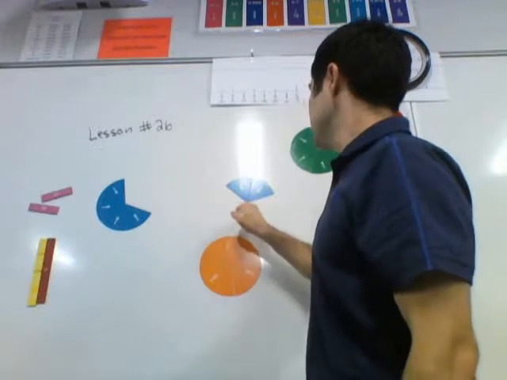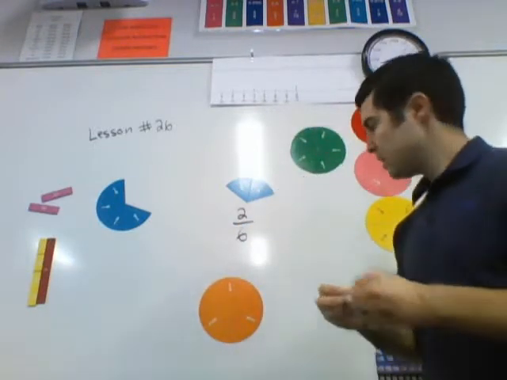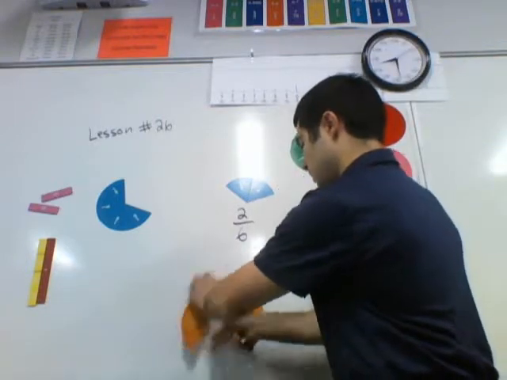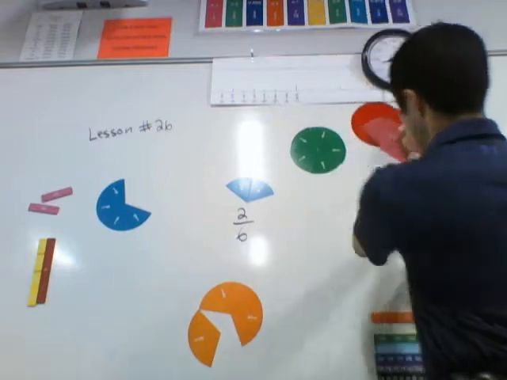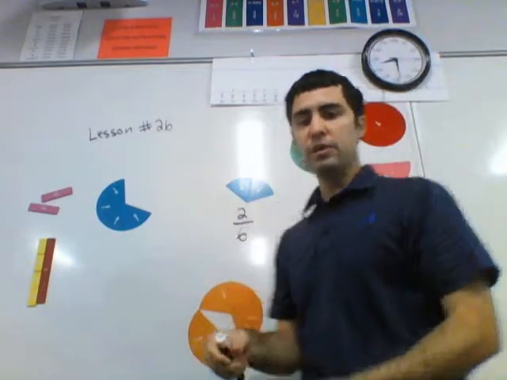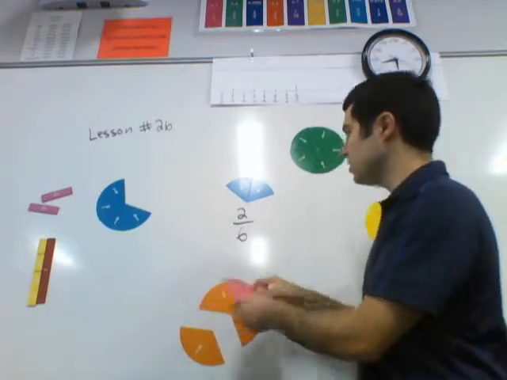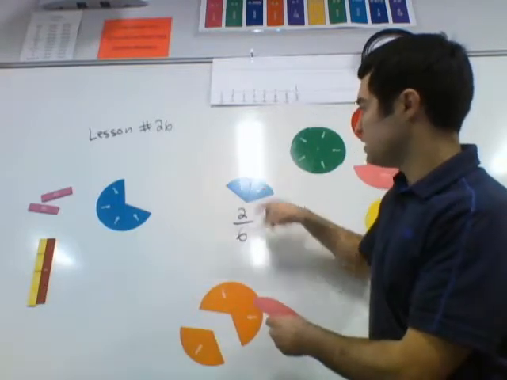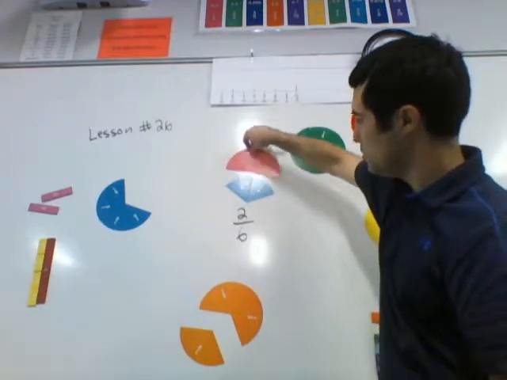Here we have 2/6. Alright? I'm going to take 1/3. Actually, I'm going to take 1/2 and see if this is equivalent. What we're trying to do is find, with these pieces right here, something that will equal 1/6. 1/2. Can that be used for 1/6?